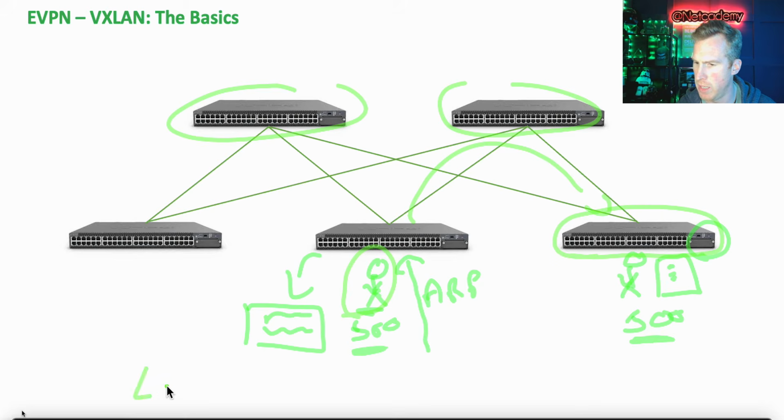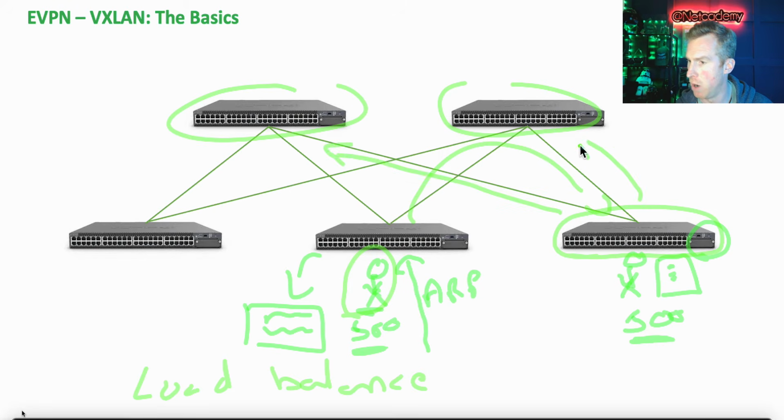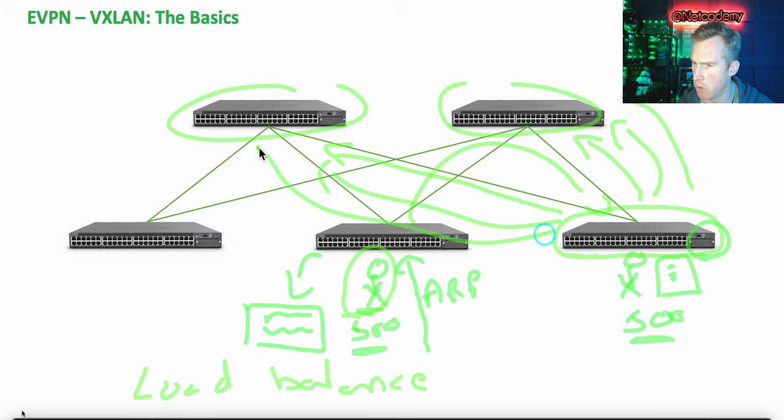So not only with EVPN can you use the underlay with a multipath function, but you can then load balance packets going over the underlay, the overlay itself. You can send some packets this way and other packets that way, and more packets this way and more packets over here. Obviously, there's a hash algorithm to it, but at the end of the day, EVPN allows load balancing.